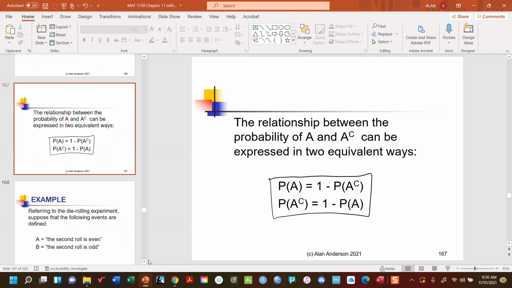All right, now here's an interesting question. Why does this rule hold? All right, I'm going to show you.